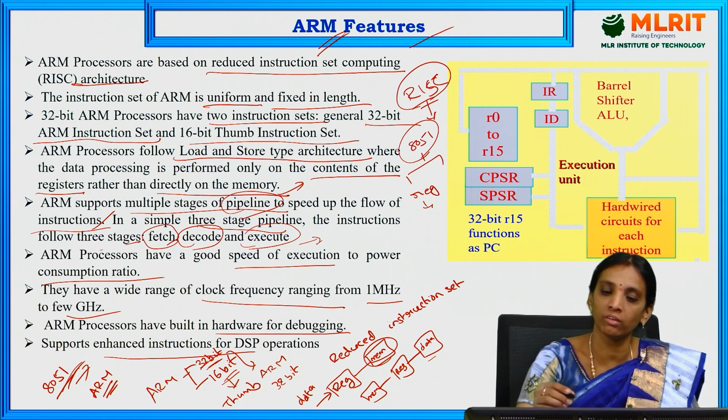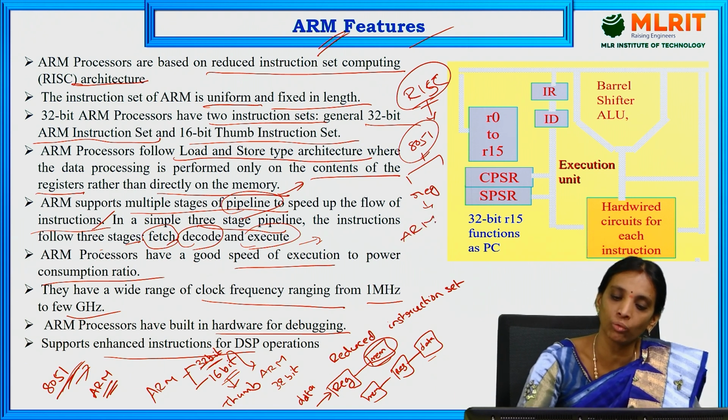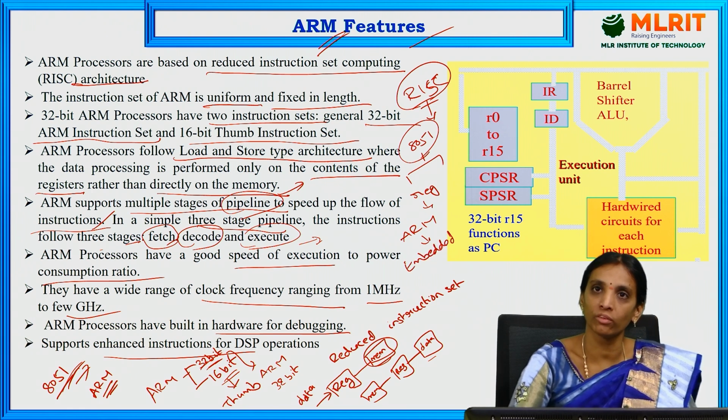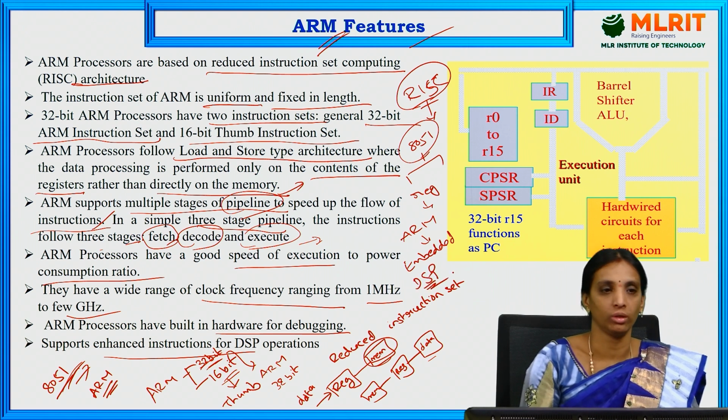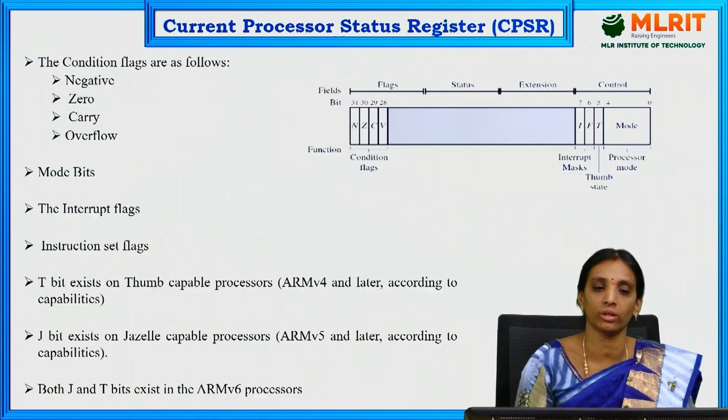So ARM processors are not only meant for embedded applications, they are also compatible with digital signal processing applications. These are the features of the ARM processor.